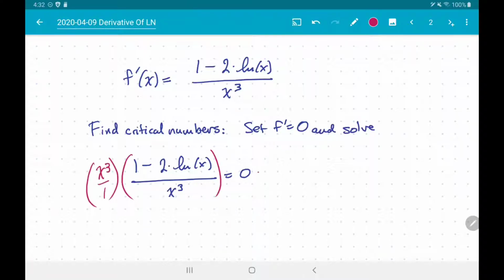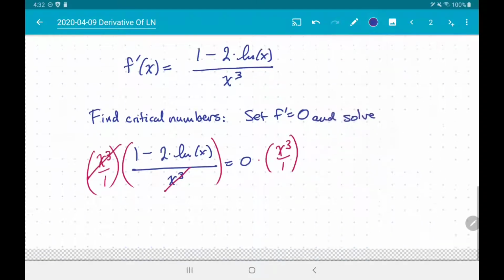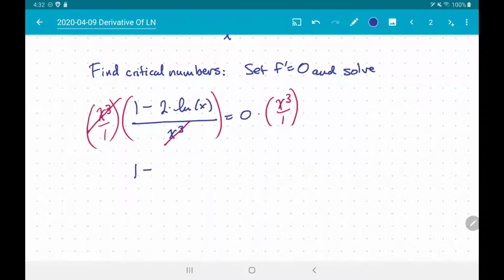If it helps, you can make it x cubed over 1. And now that x cubed cancels with the 1 in the denominator, and we will be left on the left with just 1 minus 2 ln of x equals, well, what's left on the right? 0. Remember, 0 times anything is 0, even 0 times x cubed.